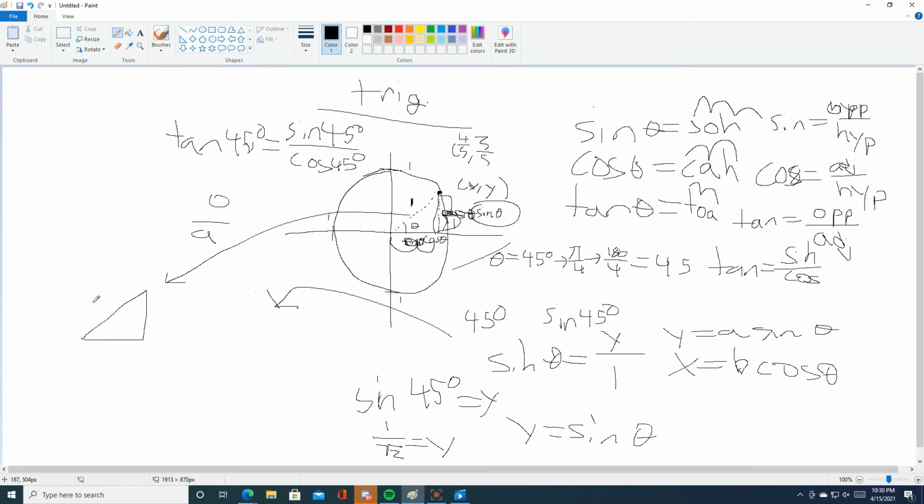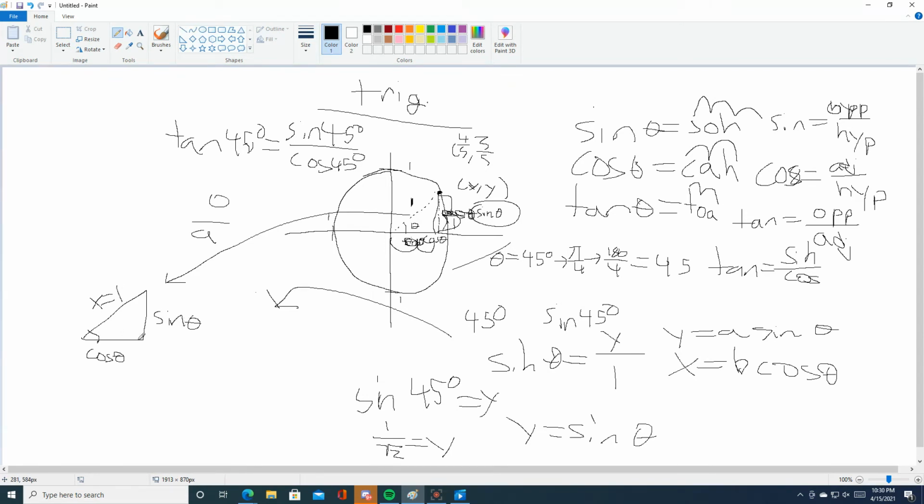It's similar. So let's say we have this length x, and we have sine of theta and cosine of theta. Well, in the unit circle, this length is 1.